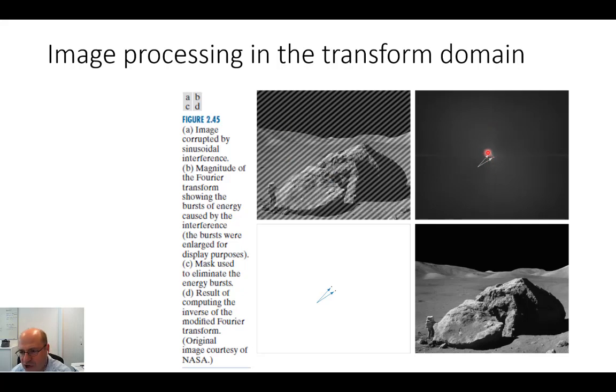You have these two very sharp, bright dots here. You create a mask. Then you apply this mask to this image here, and you go back to the spatial domain, and you have, as a result, an image that's clear from this kind of sinusoidal noise.